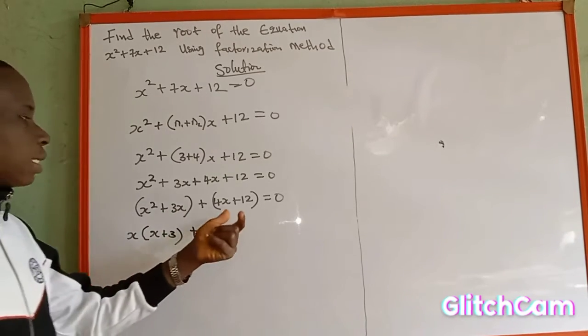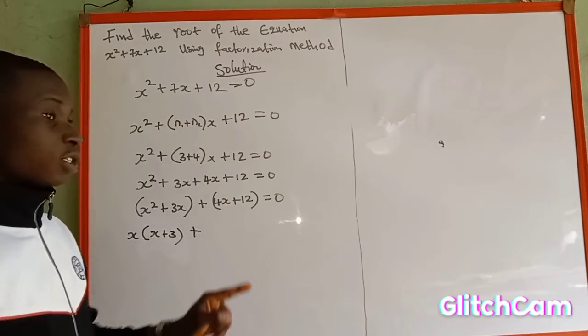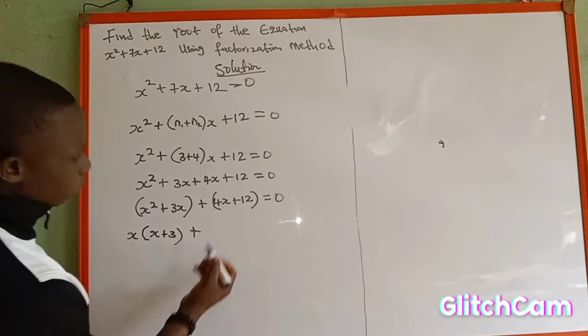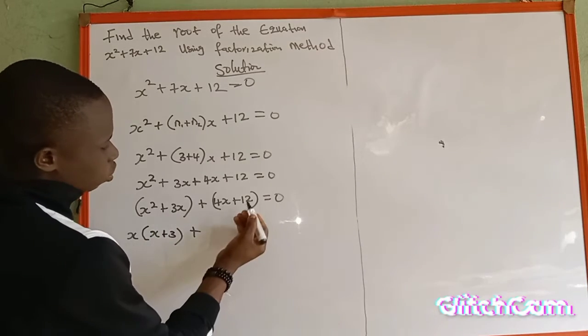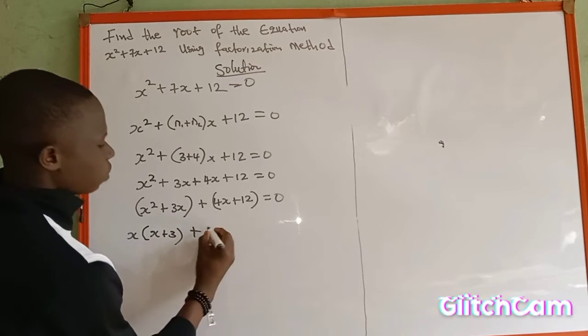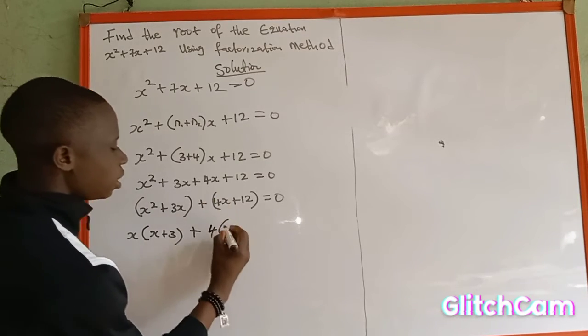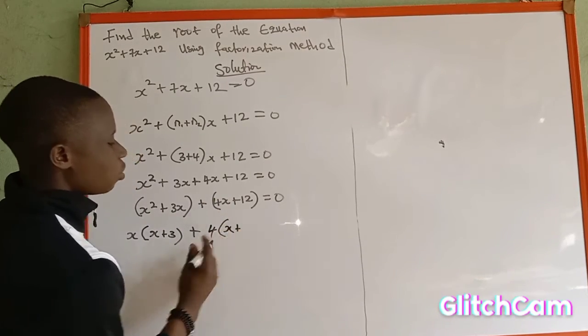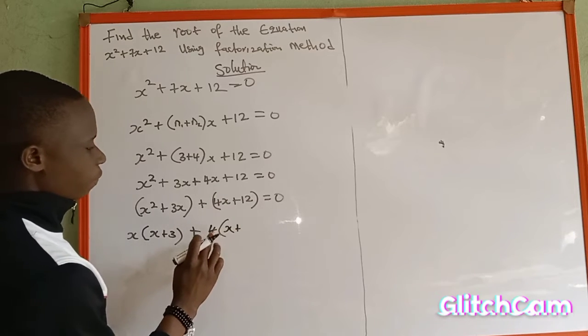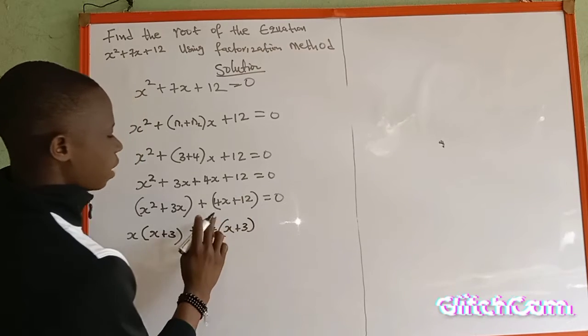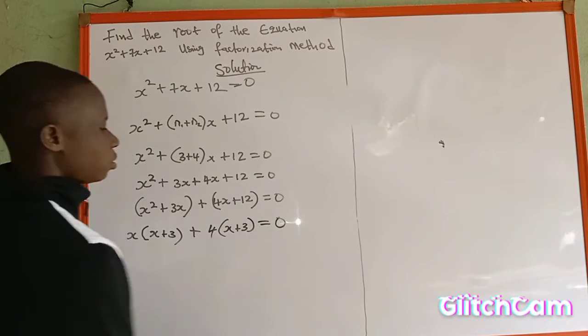If you look at 4s and 12, we can say 4 is common, because 12 doesn't attach with any s, and 12 can be divided by 4. So I can say 4 is common. Then open a bracket: this 4 is out already, to remain s, then plus 12 divided by 4 is 3. You equate it to 0.